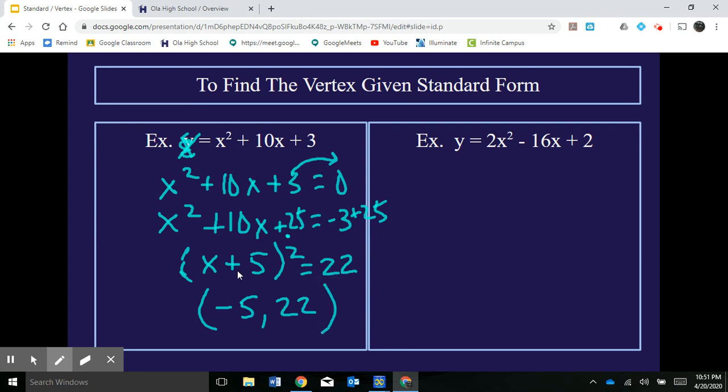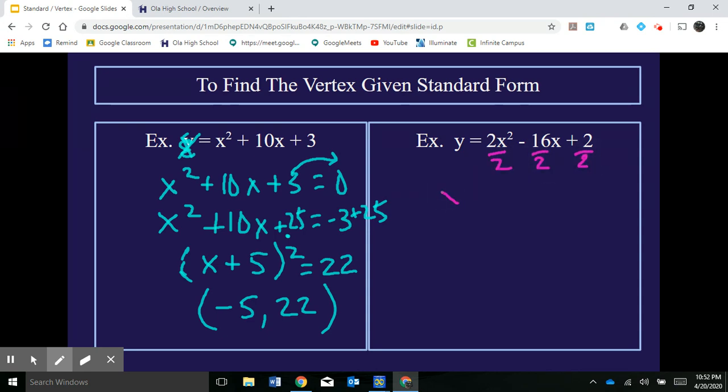Okay? Let's try another example here. So this one, if you remember, they're asking for the vertex. This is going to say, what's the vertex of this equation? We're going to complete the square. All right. So first things first is I've got to get rid of that 2. So I'm going to go ahead and do that while I write it all out, save myself some time.